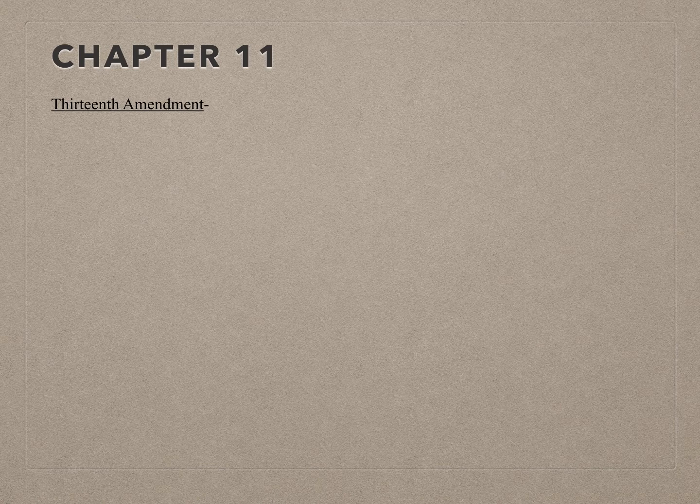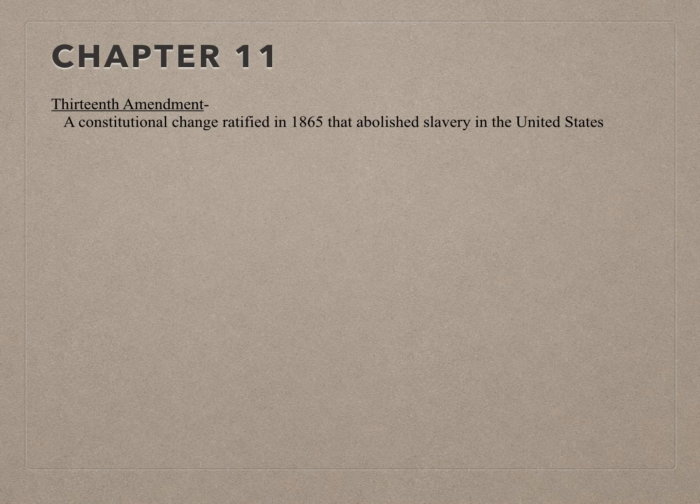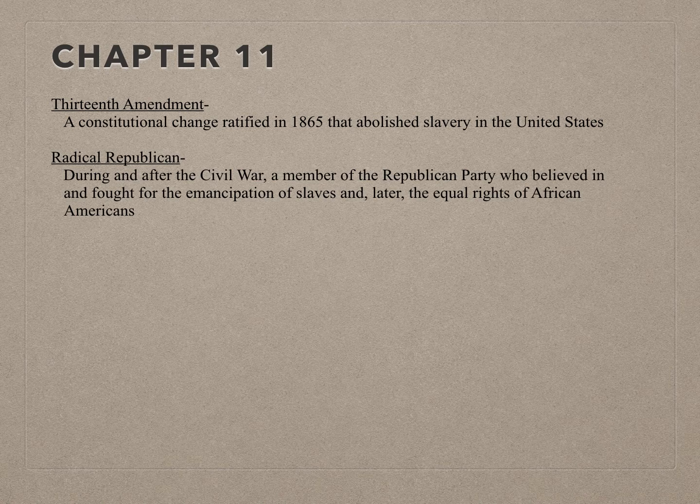A couple Chapter 11 definitions, the 13th Amendment. We know an amendment is a change to the Constitution. This was a constitutional change ratified in 1865 that abolished slavery. Radical Republican.